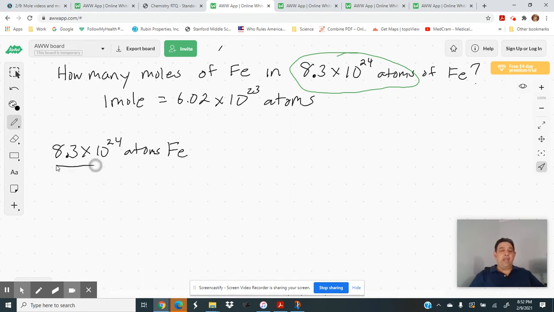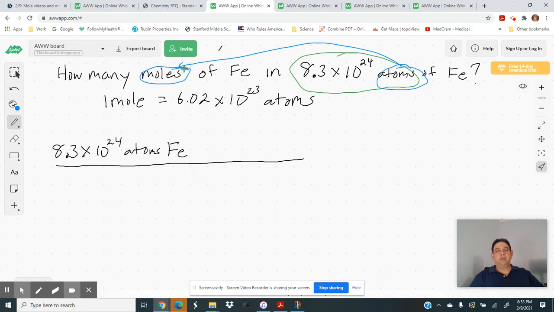Now I'm going to multiply that by a conversion factor created from this equality. I'm given atoms and I want to end up with moles. So I want my atoms to turn into moles.